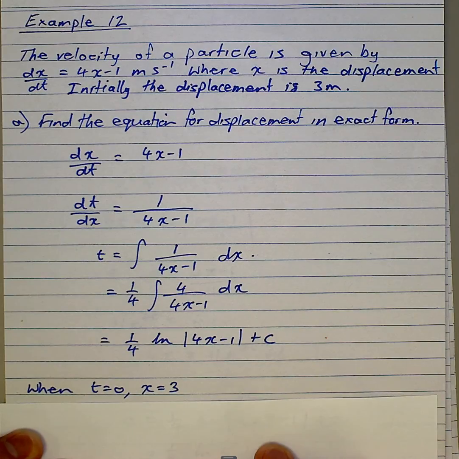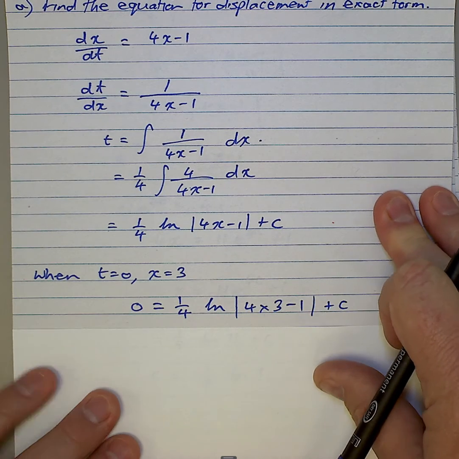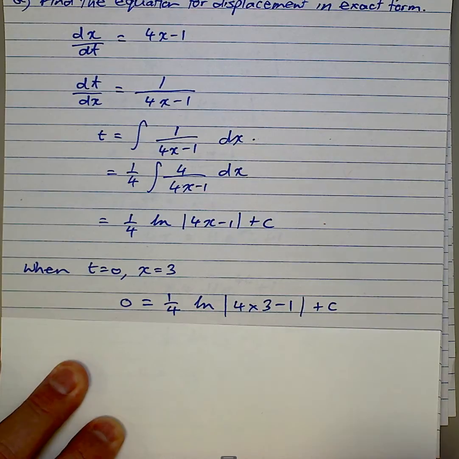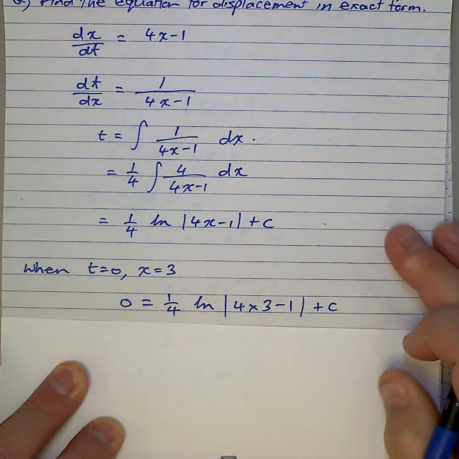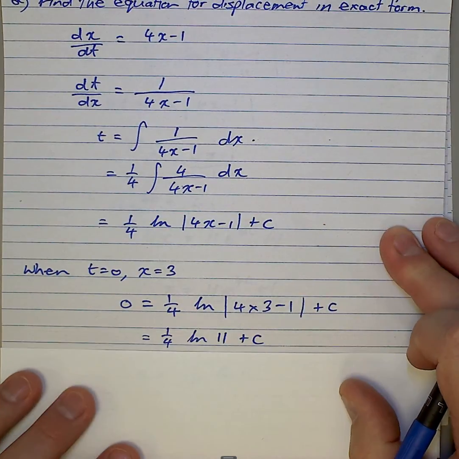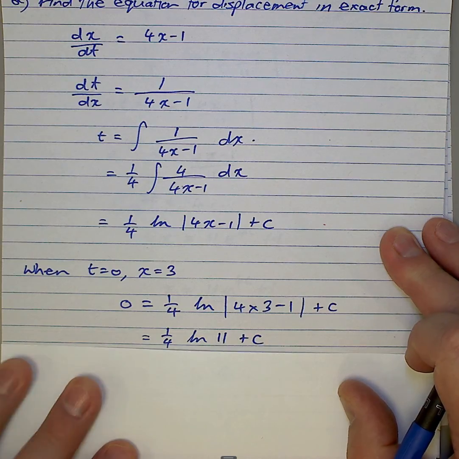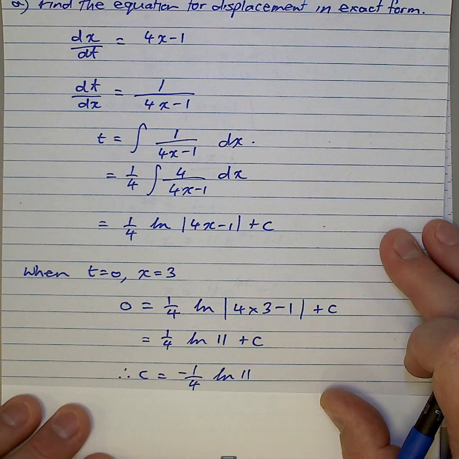Now, I don't know what c is, but I'm told in the question that when t equals 0, that's the initial displacement, it is 3 meters. So when t equals 0, x equals 3. When I substitute that into my equation, I get 0 equals a quarter log of 4 times 3 minus 1 plus c, which is 0 equals a quarter natural log of 11 plus c, and therefore c equals minus 1 quarter log 11.